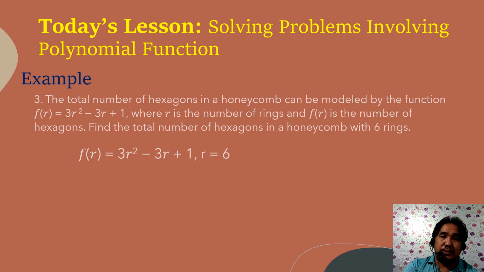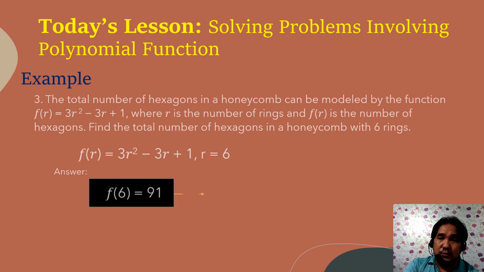Kindly pause the video for 5 minutes. Okay, very good. For f of 6, that is actually equal to 91. So there are 91 hexagons in a honeycomb if our r is equal to 6.